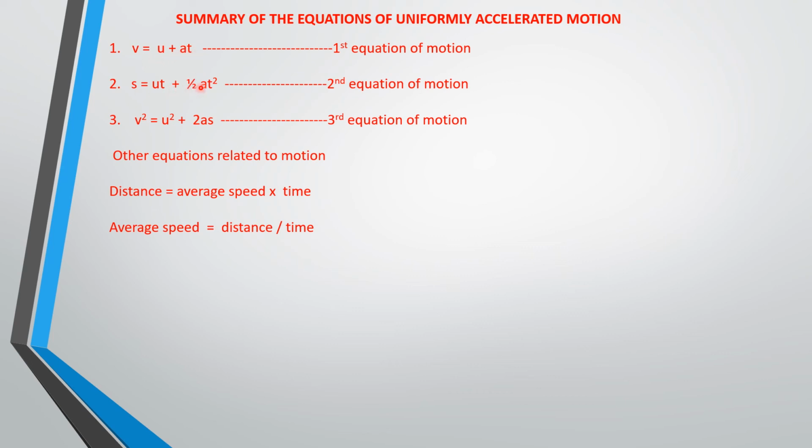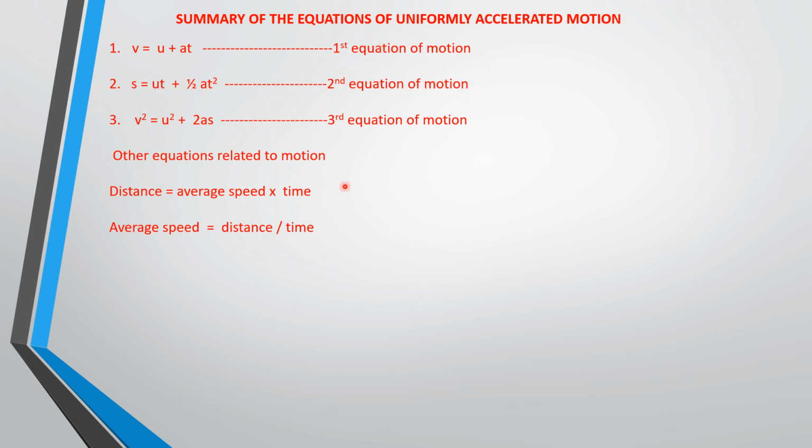If you are looking for distance, you can use either this equation or this, depending on the variables you are given. If you are not given time and you are looking for distance, then this third equation should apply. But if you are given time and acceleration and you are looking for distance, this second equation should apply.